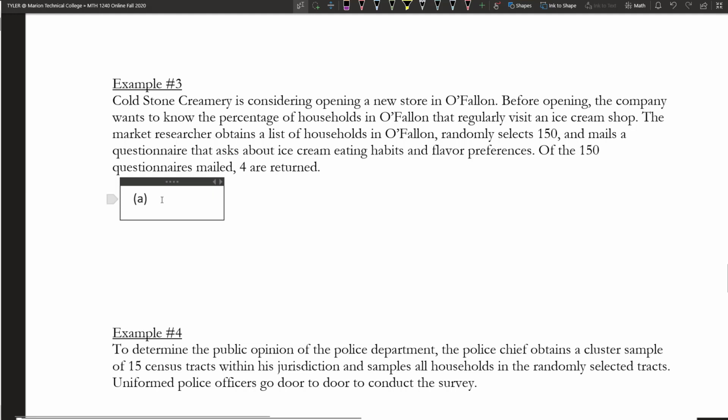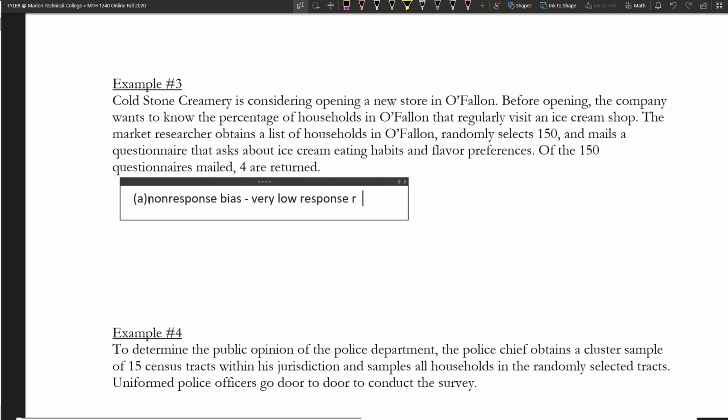So part A, this would be non-response bias, because it has a very low response rate. Less than 3% is what we found.